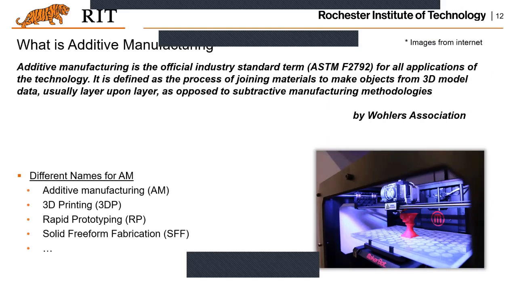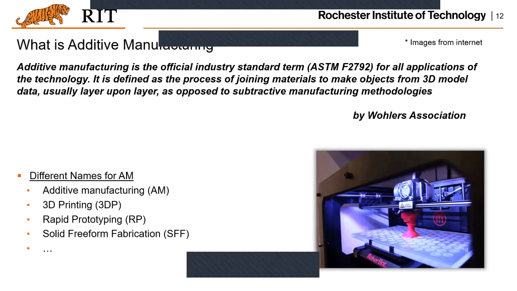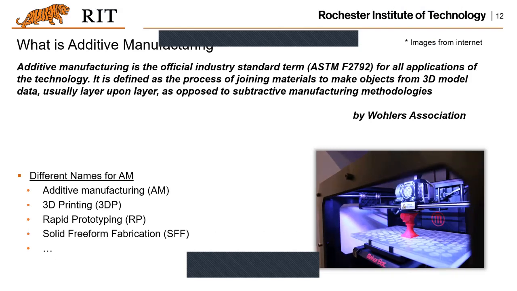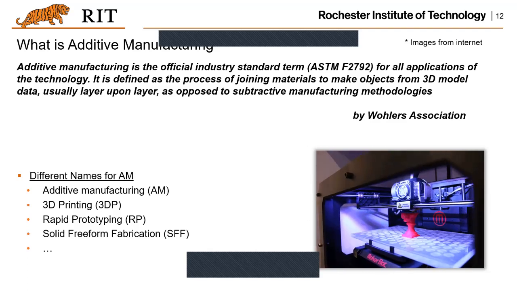So let's start the intro of 3D printing. Basically, 3D printing is a layman name of additive manufacturing. Additive manufacturing is the official industrial standard term defined by ASTM F2792. This term describes a series of technologies.